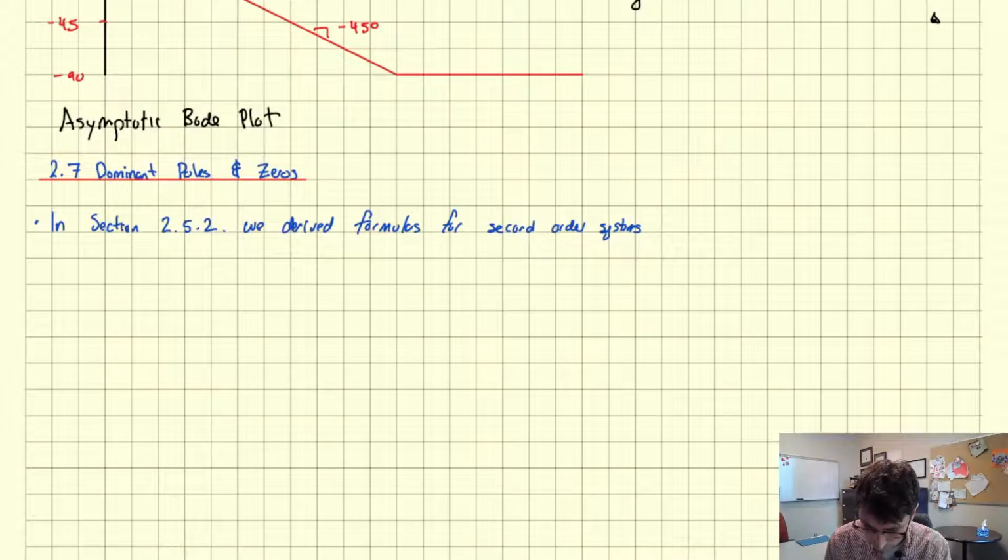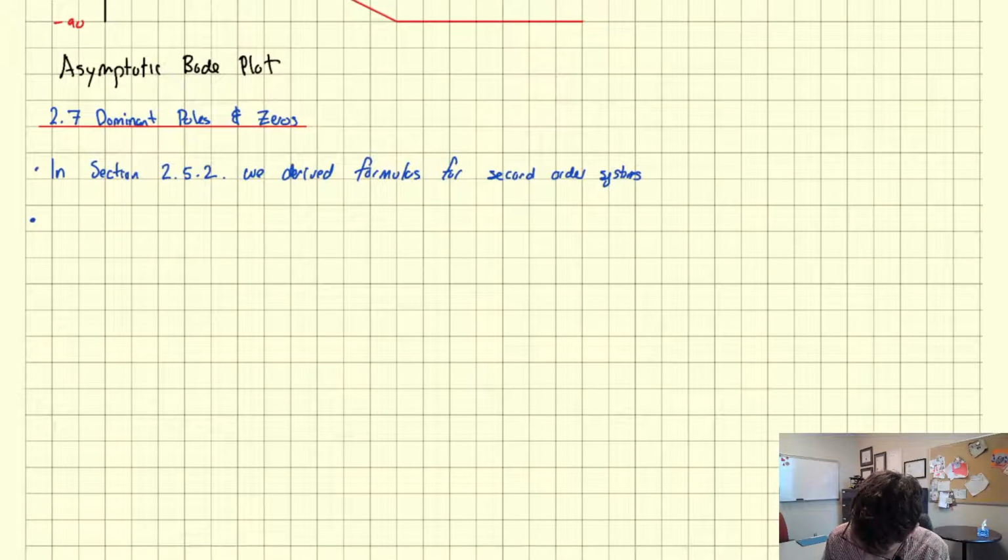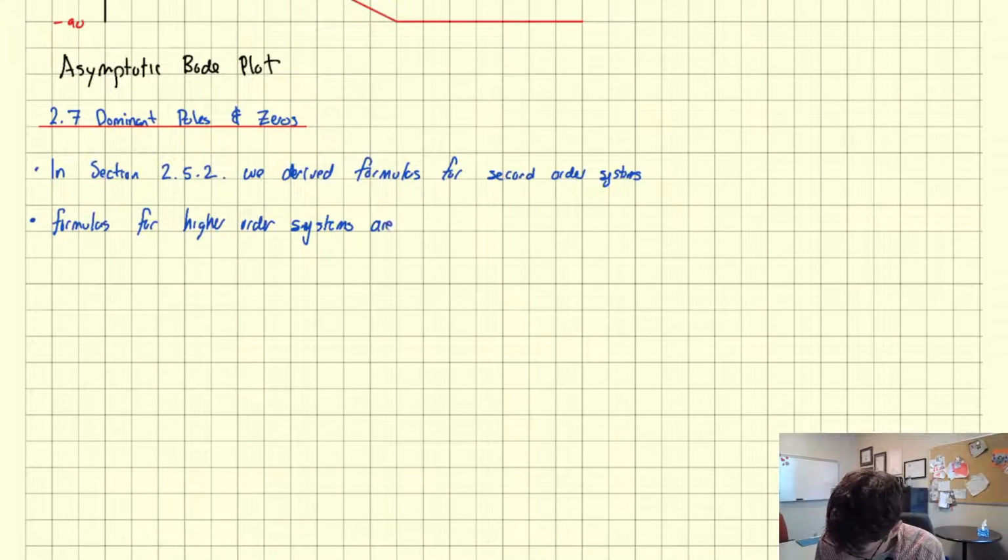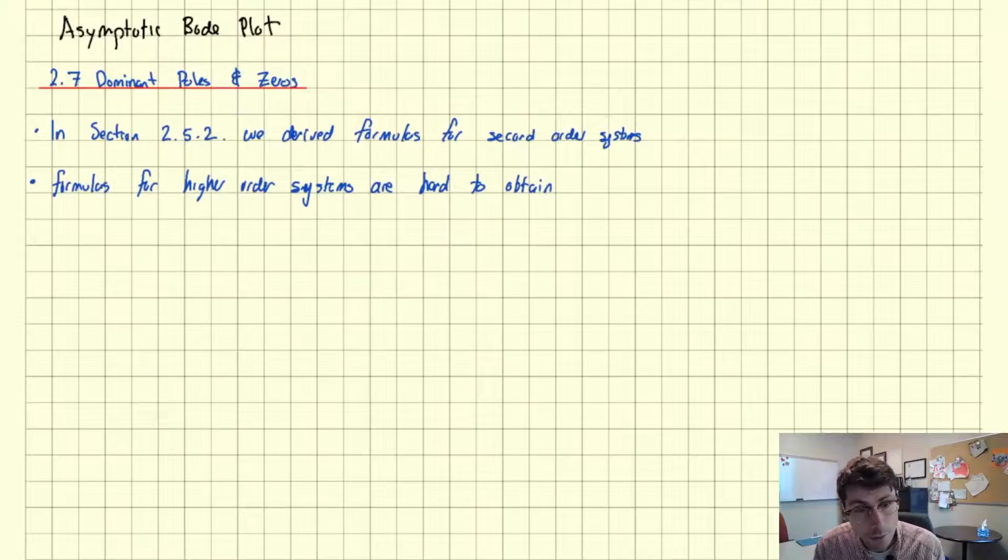However, our formulas for higher order systems are hard to obtain. And most systems, if they're reasonably complicated, are going to be higher than second order. Okay, so what do we do?